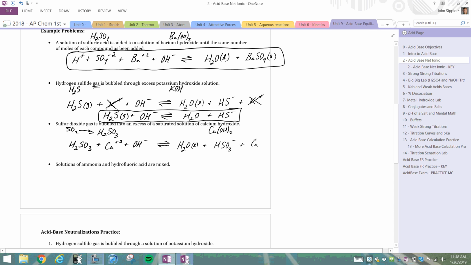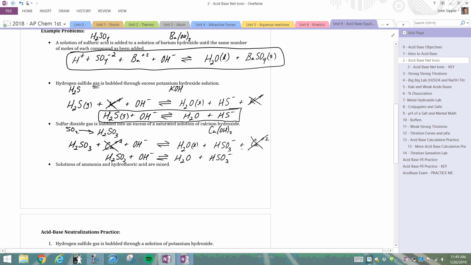And the calcium ion is still floating around there, not reacting with anyone. So all we've got for our net ionic equation is H2SO3 plus hydroxide forming water and HSO3 minus.